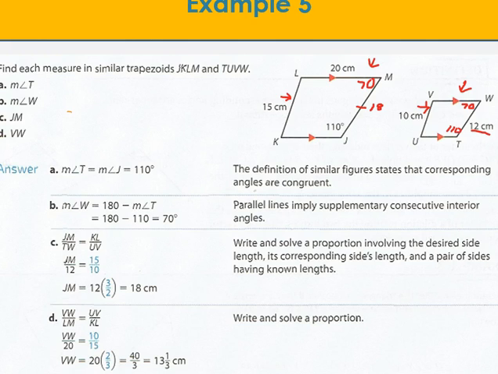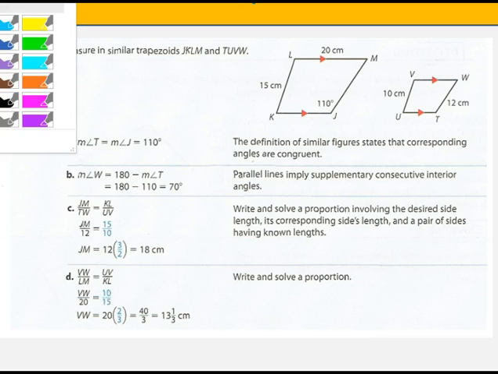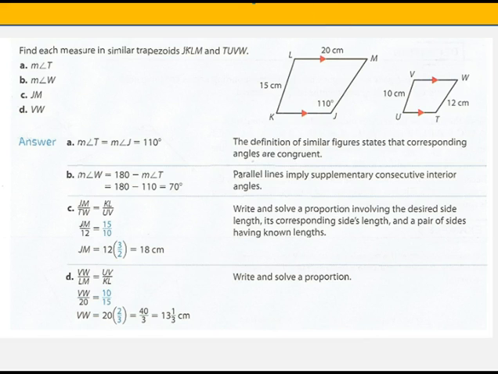So, just a couple of clues about these. When you have information on the figures you're using, one of the first things you want to find is the ratio that you will be using that will help you out when you're solving.